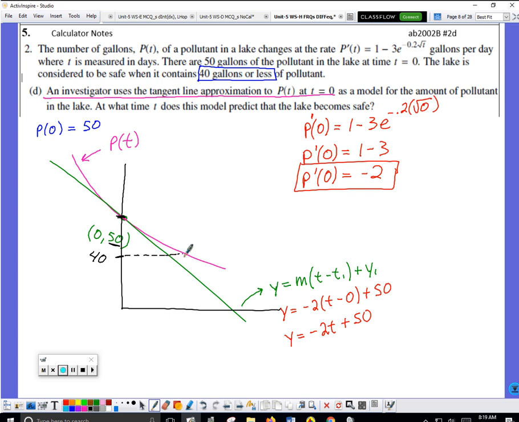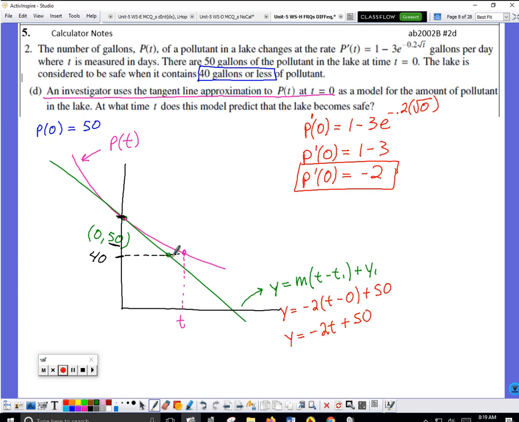And ideally, we would have wanted to do what Colton said. We want to find this time here when the actual pollution level is 40. But we can't because we can't find an equation for P. Plus, they didn't tell us to. So instead, we do what Meredith just said.